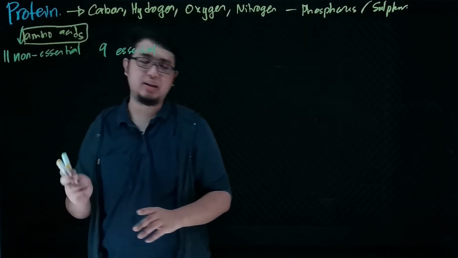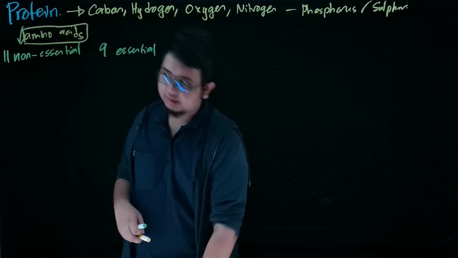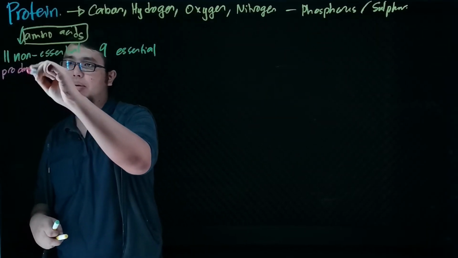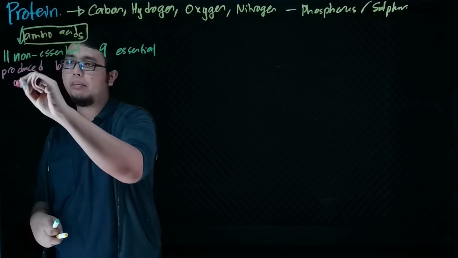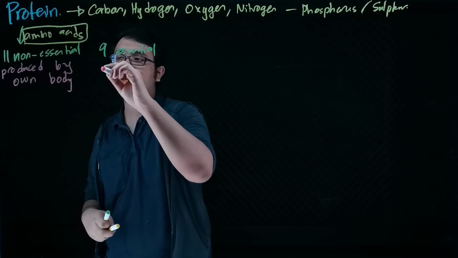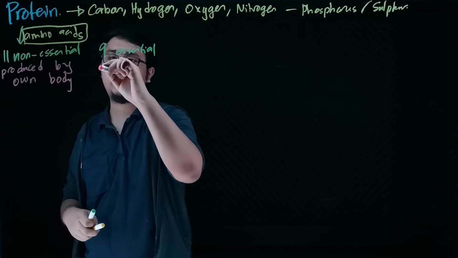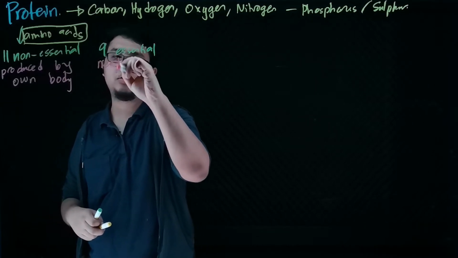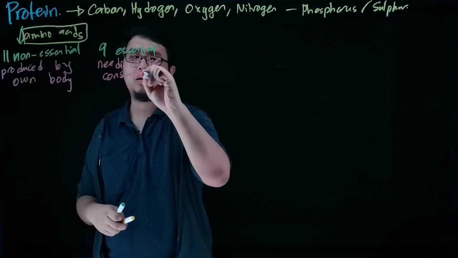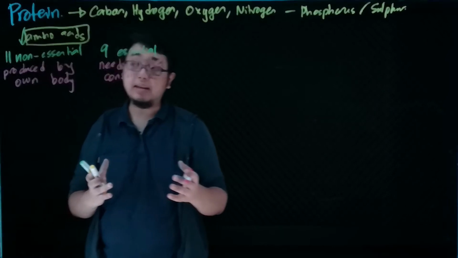Consists of 11 non-essential and 9 essential. It's that the non-essential is produced by our own body. And the 9 essential amino acids is something that need to be consumed. We either take it from plants, from meat, from dairy.